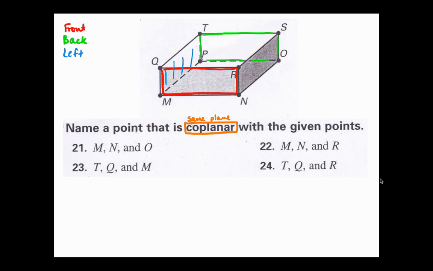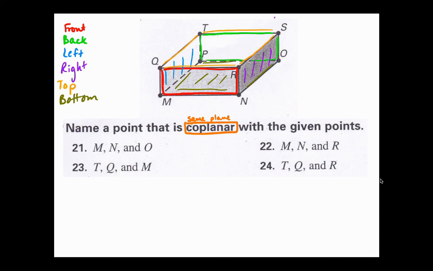And we have our right. And then, of course, we have our top. And the bottom. So there are 6 planes.